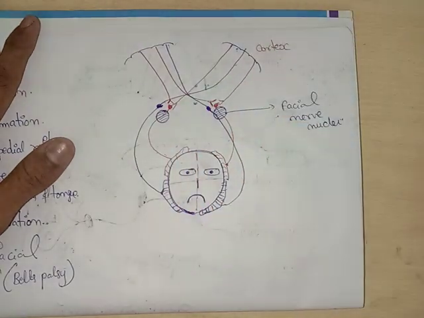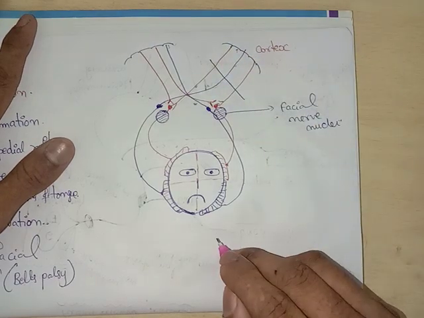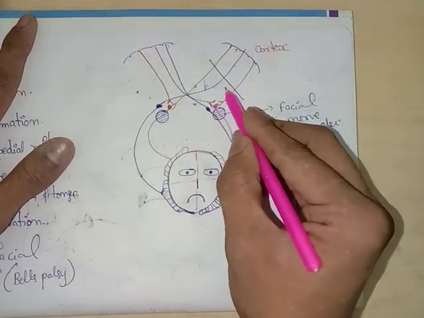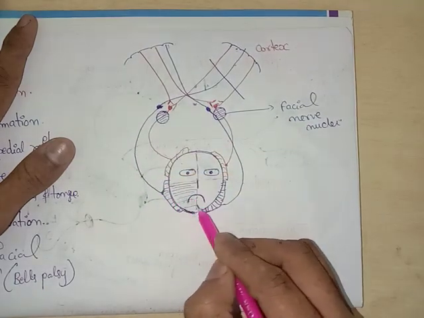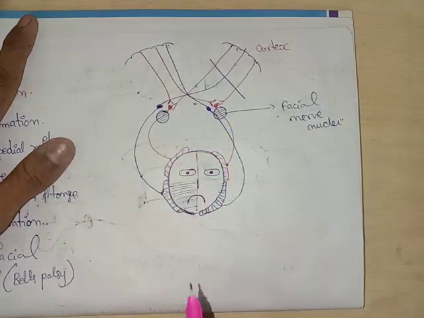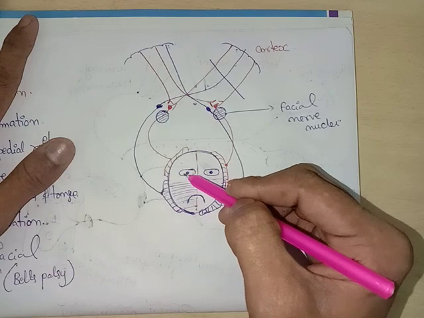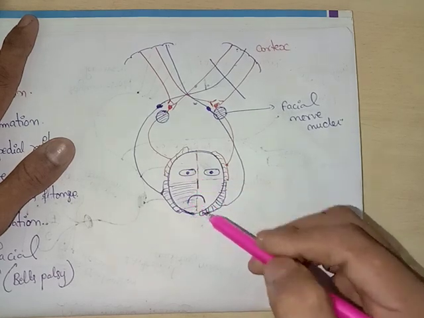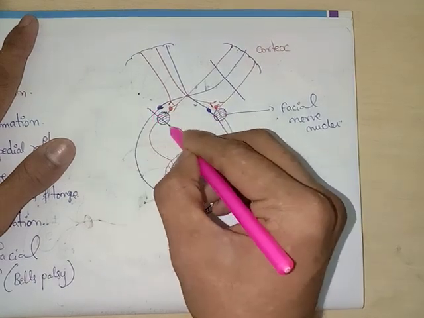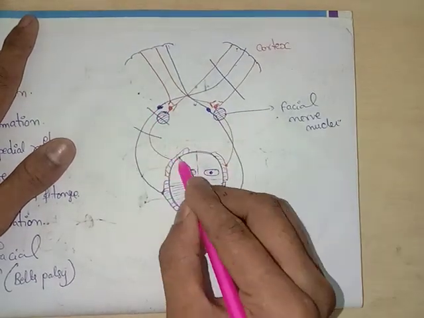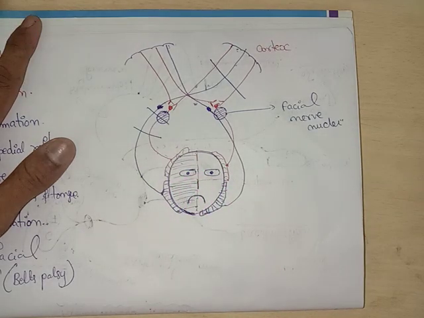So when there is an upper motor lesion, it leads to paralysis of only the lower half of the face. Why? Because the lower face receives contralateral fibers only, but the upper face receives both. So there is no paralysis in the upper part of the face on the same side. If there is a lesion here or here, it leads to complete paralysis of the face.